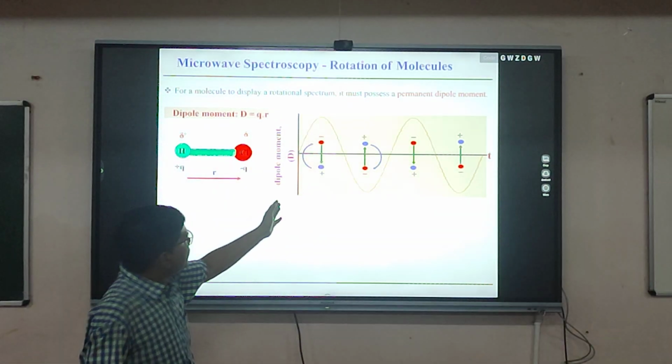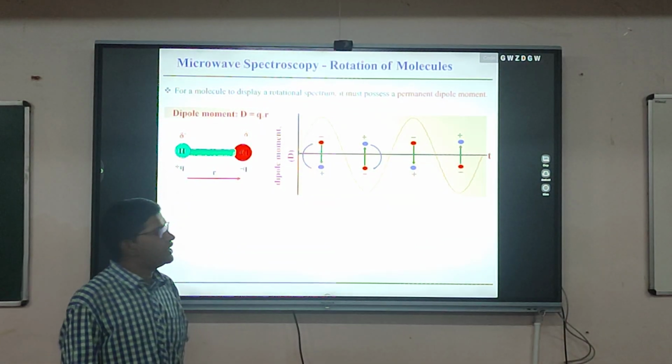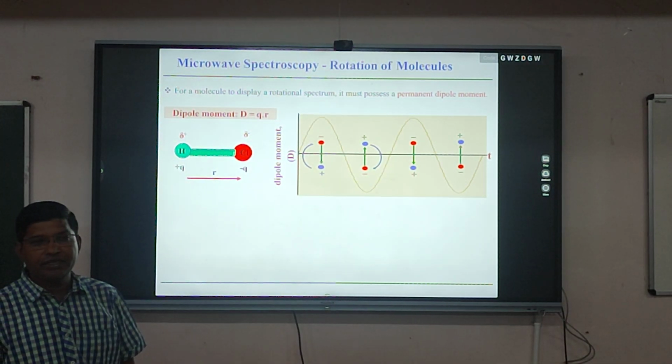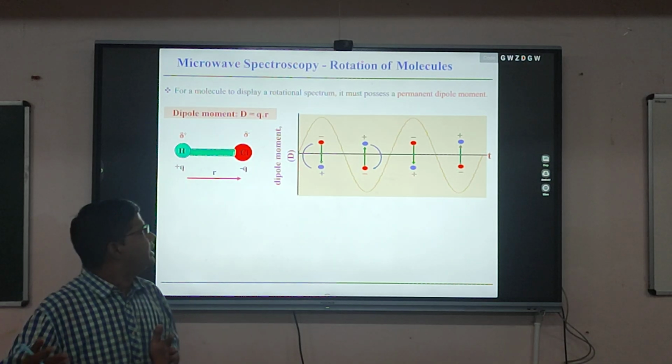In this graph we will see how the dipole moment changes when we rotate the molecule.